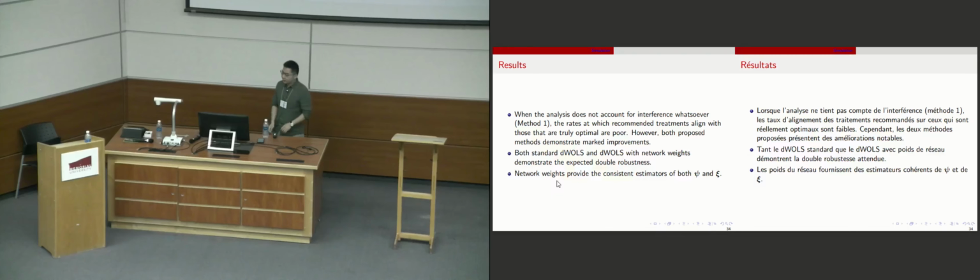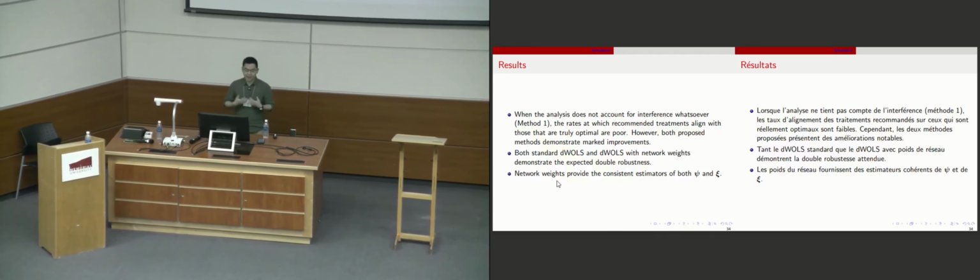Secondly, both the standard DR weight and the DR weight with the proposed network weights demonstrate the expected double robustness. Finally, the network weights also provide consistent estimators for both parameter psi and parameter xi. That corresponds to the second theorem in the paper.